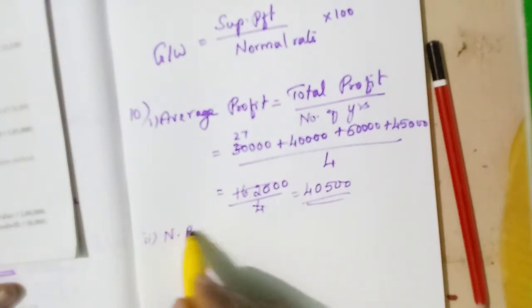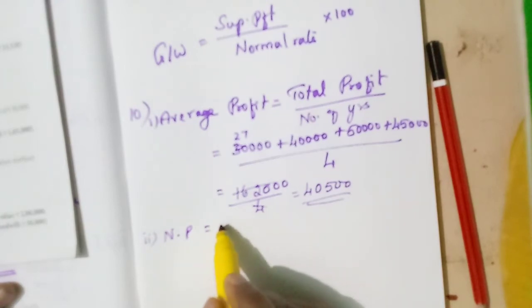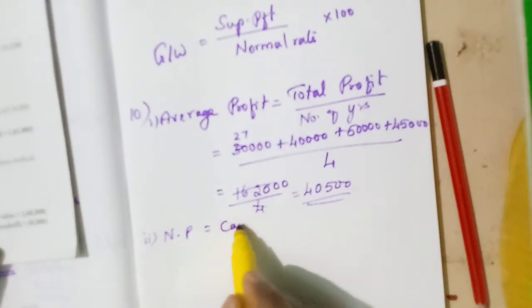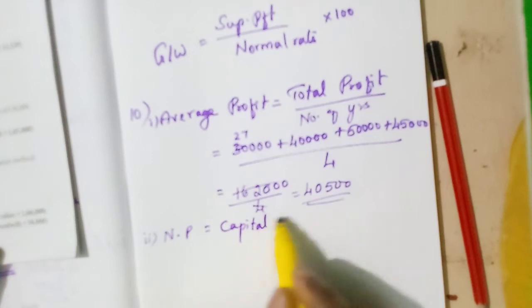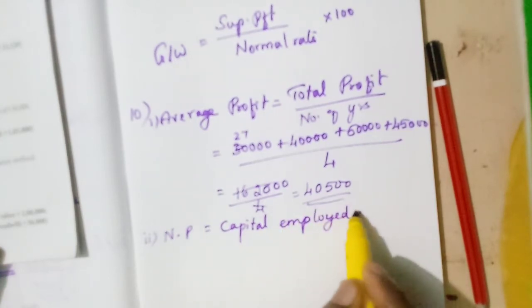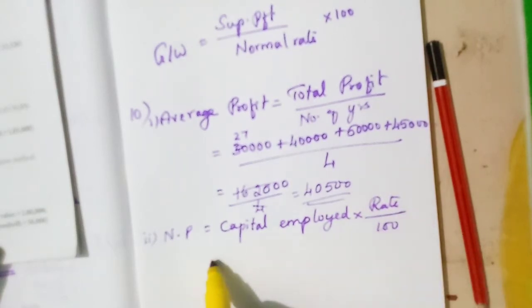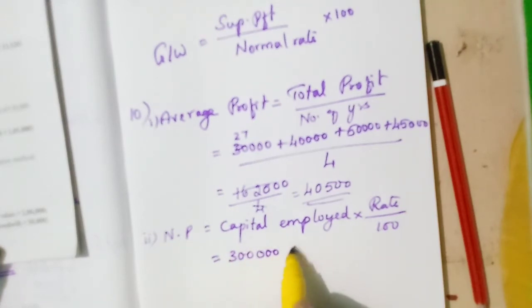Next, normal profit we have to calculate, isn't it? Capital employed into rate of return by 100. Capital employed is 3 lakh, rate 10% by 100.